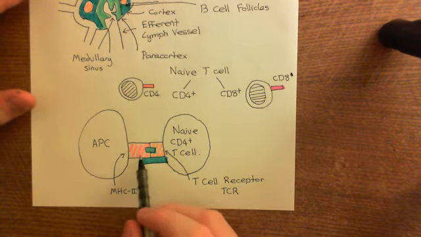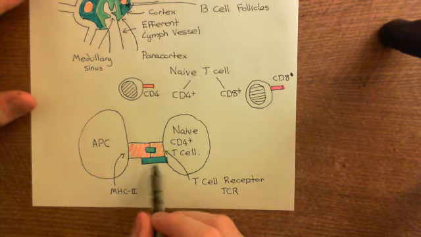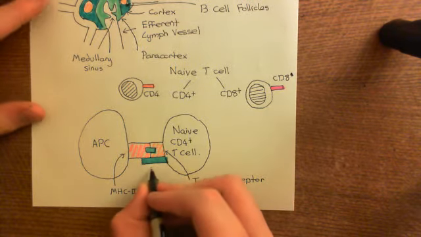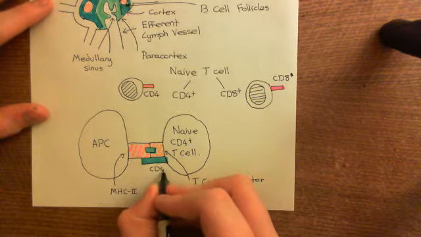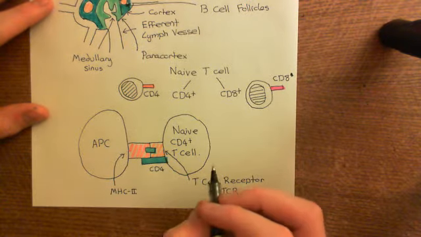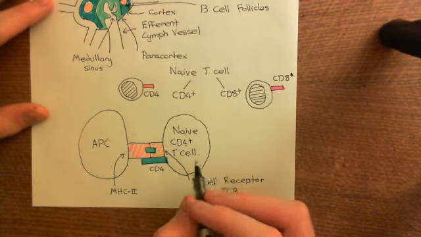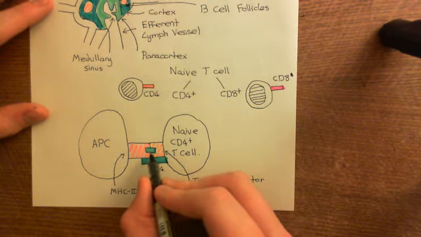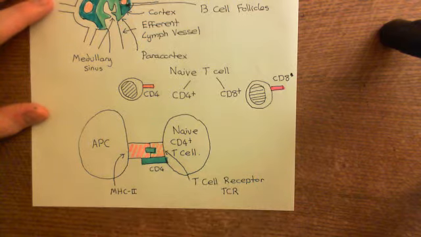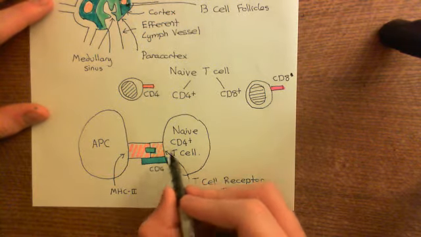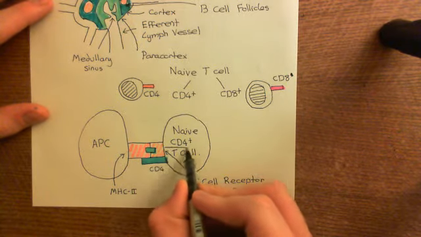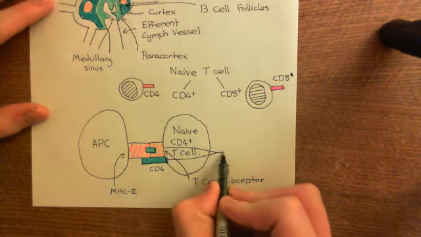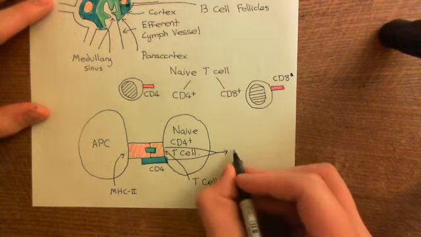So we're presenting it in MHC class 2, so we are going to bind to a CD4 positive naive T cell because we're going to need CD4 here. Now what's going to happen is once the T cell receptor is bound to the allergen fragment on the MHC class 2, and the CD4 has also bound to the MHC class 2, this is going to send what's known as signal 1 to the naive CD4 positive T cell.